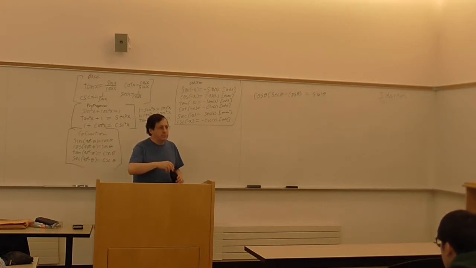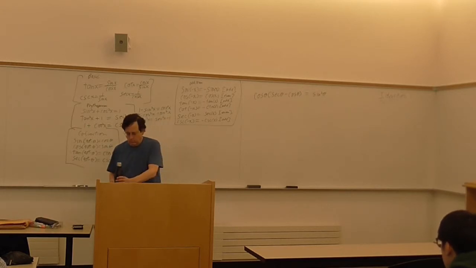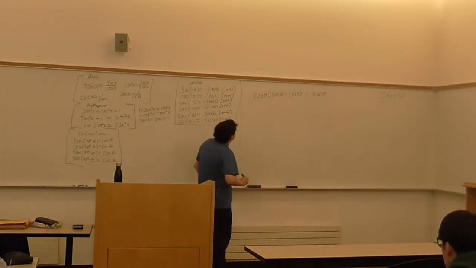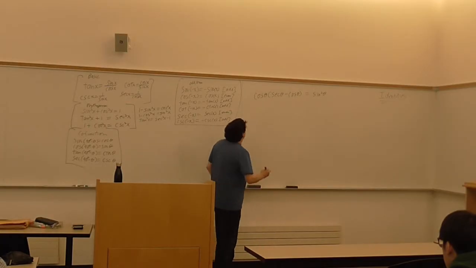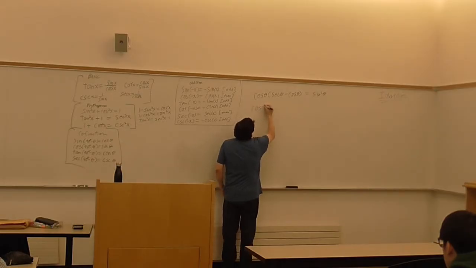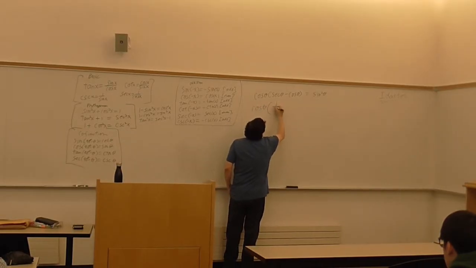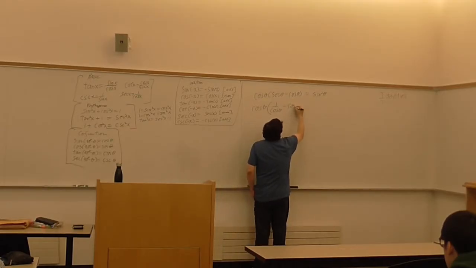Change secant theta to 1 over cosine theta. So we have cosine theta times 1 over cosine theta minus cosine theta.